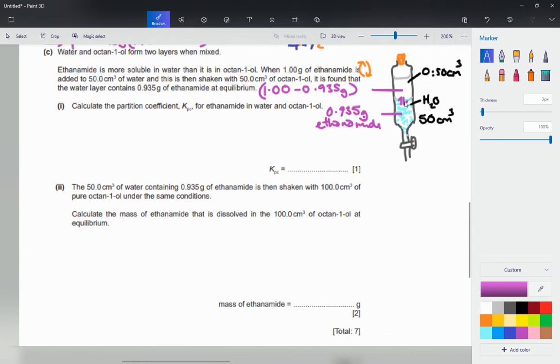Now, the partition coefficient gives a couple of statements, and it involves concentration. So when you talk about partition coefficient, you might be tempted to go into a kind of movement where you start thinking about concentrations.